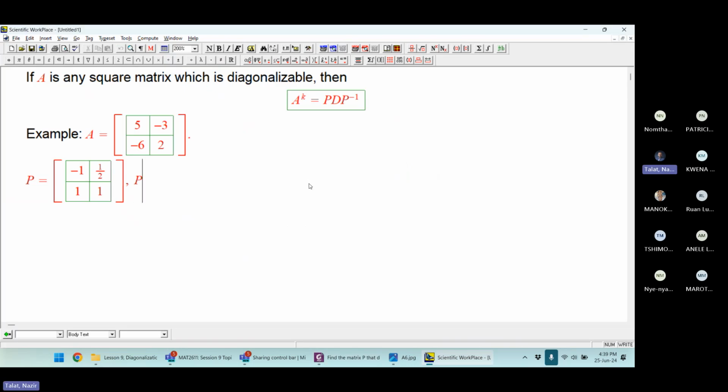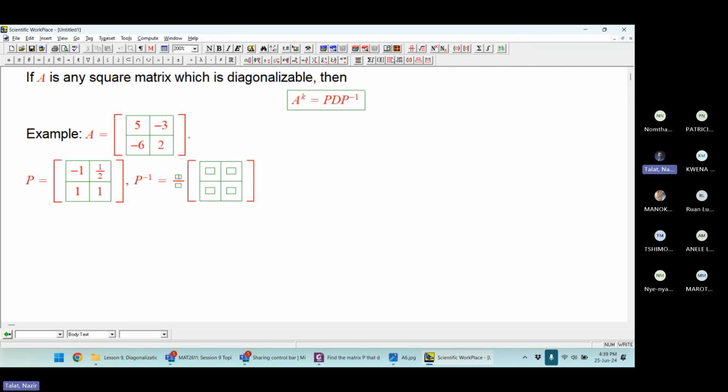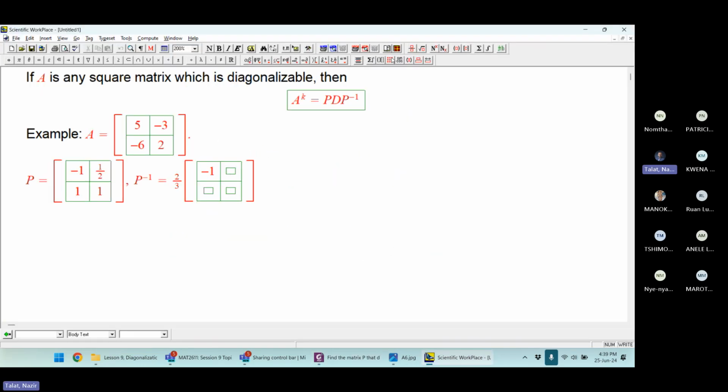If the matrix P is available, then we can also find its inverse. The inverse needs to be found in the same way as we saw in elementary linear algebra. So the P inverse in this case is 2 by 3, and then minus 1, here the entries are again 1 by 2, and here is 1 and 1.